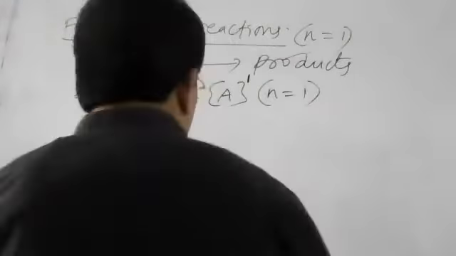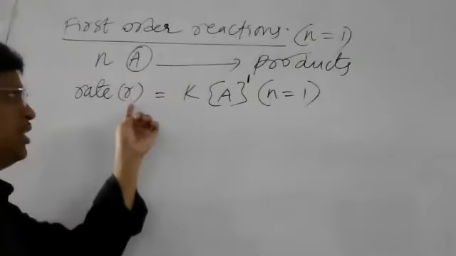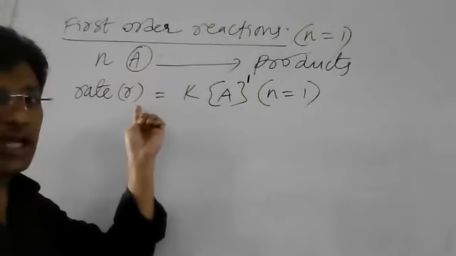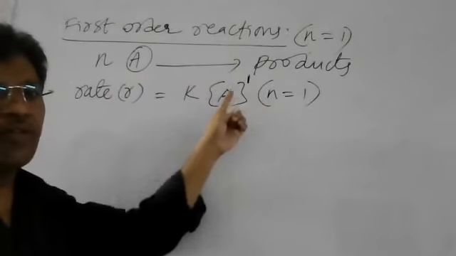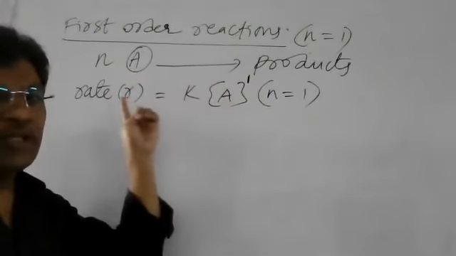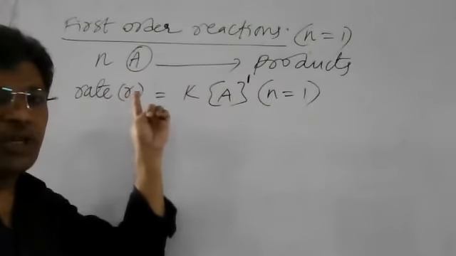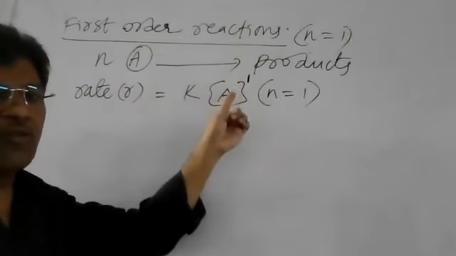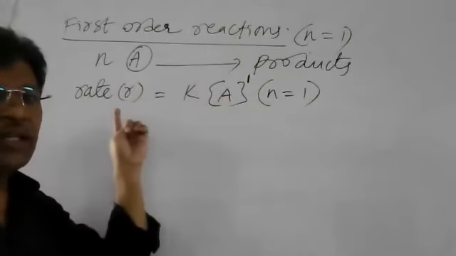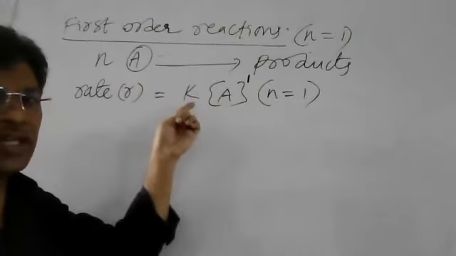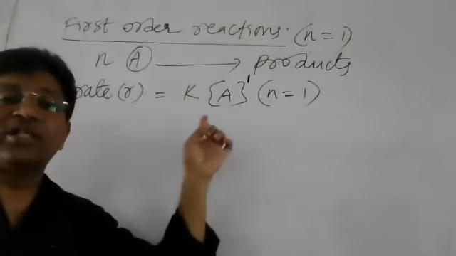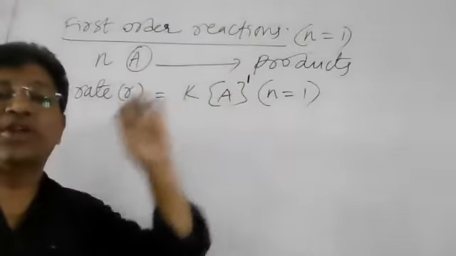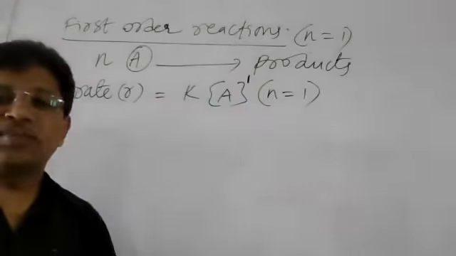Here we can say the rate of this reaction is directly proportional to the first power of concentration of A. That's why rate is equal to rate constant K into A to the power of 1. It is the rate constant for first order reaction. Is the concept clear?